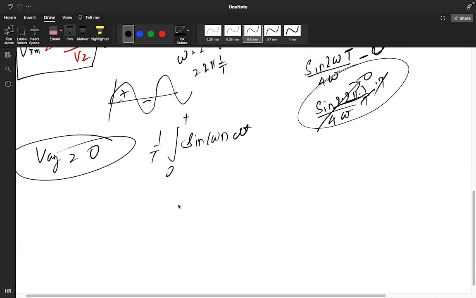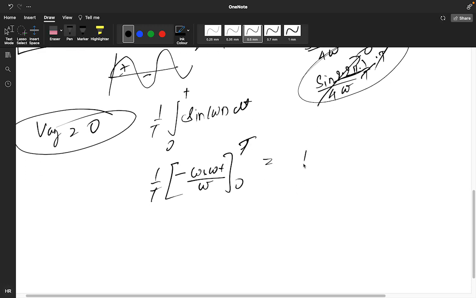The integration of sine omega t is minus cos omega t divided by omega, into 1 by T, from 0 to capital T. Taking minus outside, we get cos omega T minus cos 0, which is cos omega T minus 1.